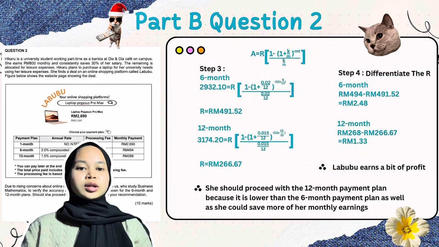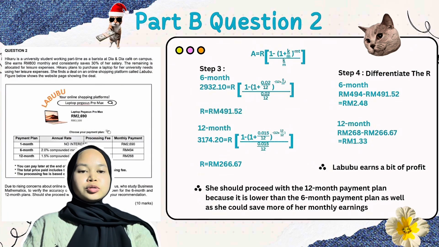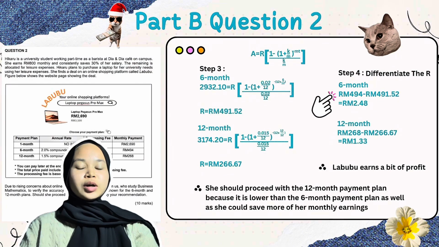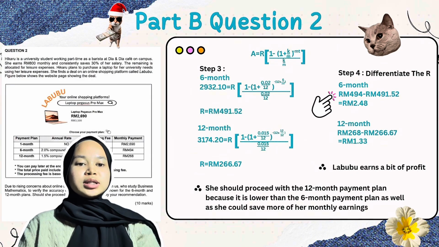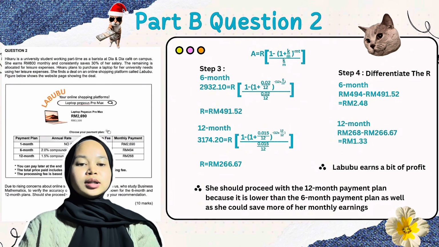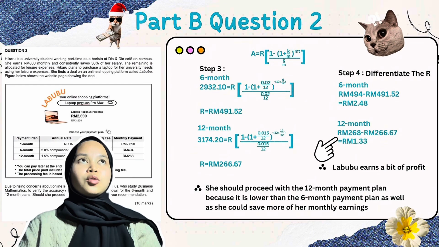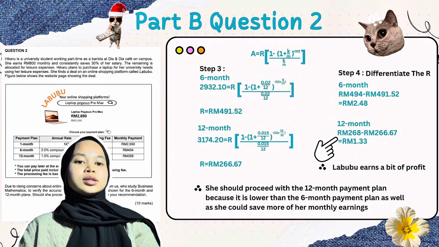After calculating the R, we have to differentiate the R given from the Labubu store with our R. What we need to do is the monthly payment from the Labubu store minus our monthly payment. Here we can see that there is a little bit of a scam, which is for the 6-month plan, the total is 2 ringgit and 48 cents, and for the 12-month plan the total is 1 ringgit and 33 cents.